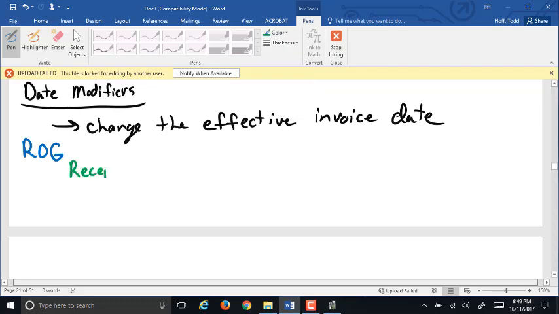ROG stands for receipt of goods. Usually used for items that are slow in shipping.